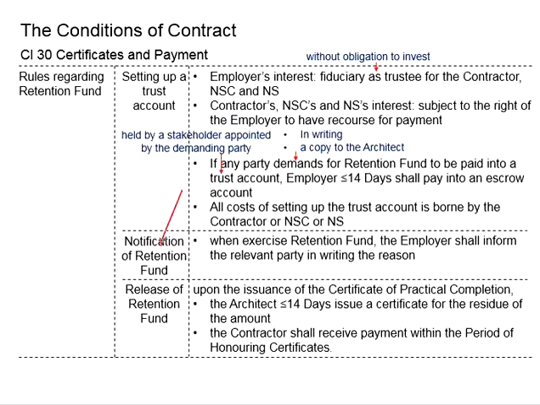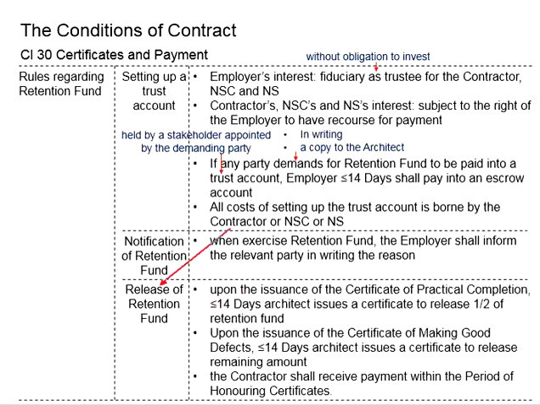Next is about the notification of retention fund. When the employer exercises the retention fund, the employer will need to inform the relevant parties in writing, providing the reasons. This is to make known to the contractor, nominated subcontractor, and also the nominated supplier regarding the exercising of the retention fund.